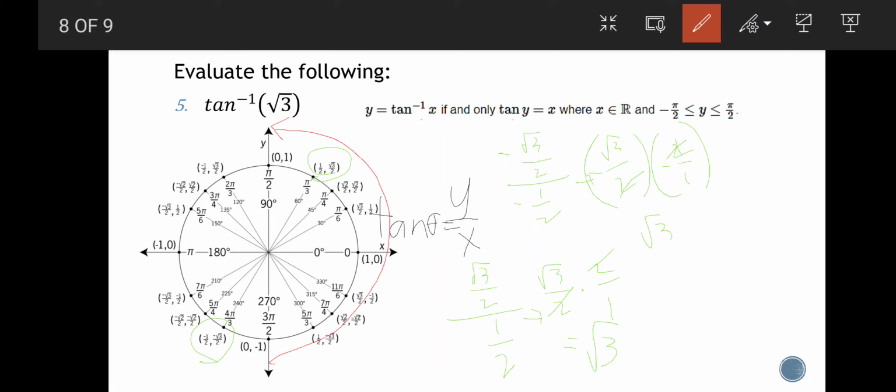Since 240 degrees is not within our range, we can say that arctangent of square root of 3 is equal to 60 degrees, or that is pi over 3 in radians.